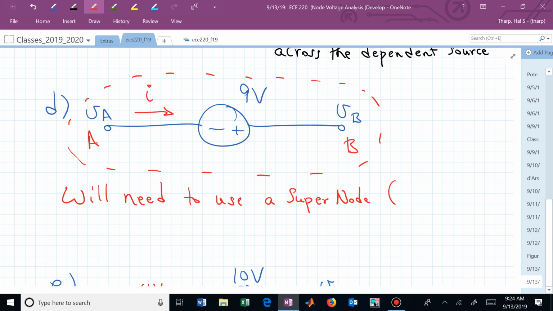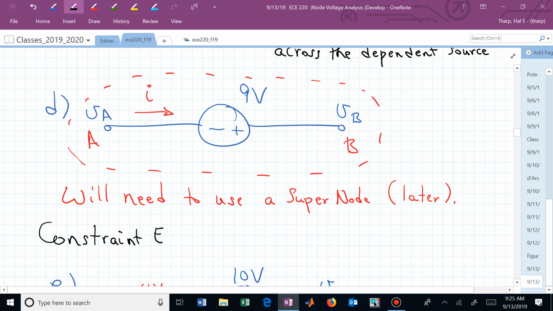And here we're simply encircling V sub A and V sub B in that branch. We'll learn about the supernode a little bit later. But we can find a connection between node A and node B's voltage. There is a constraint equation that we could write if we need it.